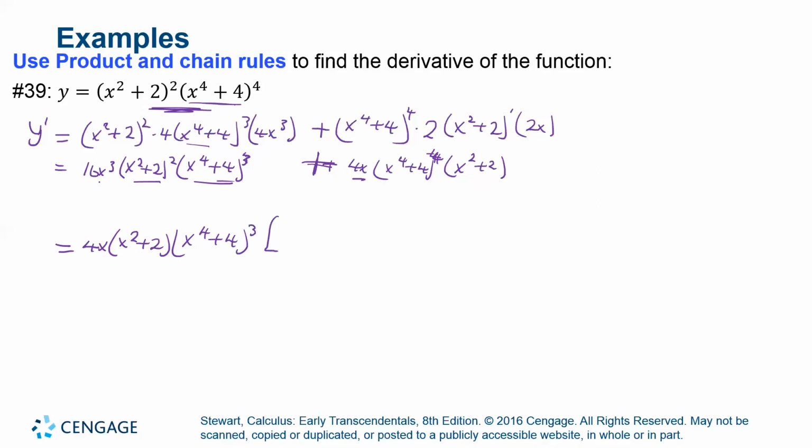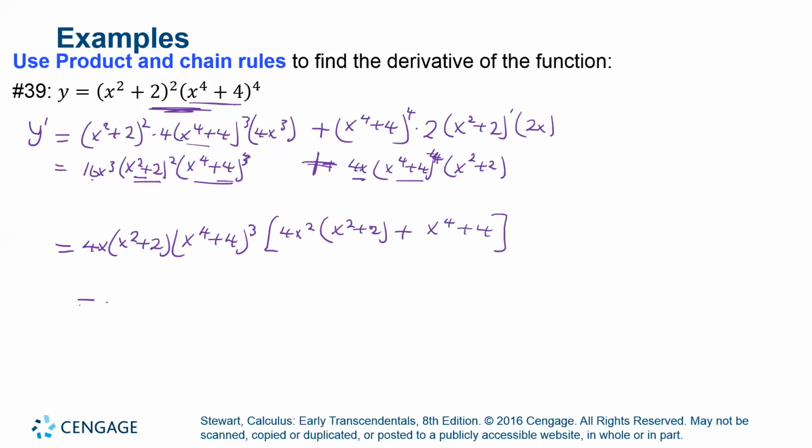Okay, then what is left there? We have 16x cubed and we pull out what? 4x. We're left with 4x squared, then times one of these. That is what? X squared plus 2. Then plus, that will be left with just one of those. So x to the 4 plus 4.